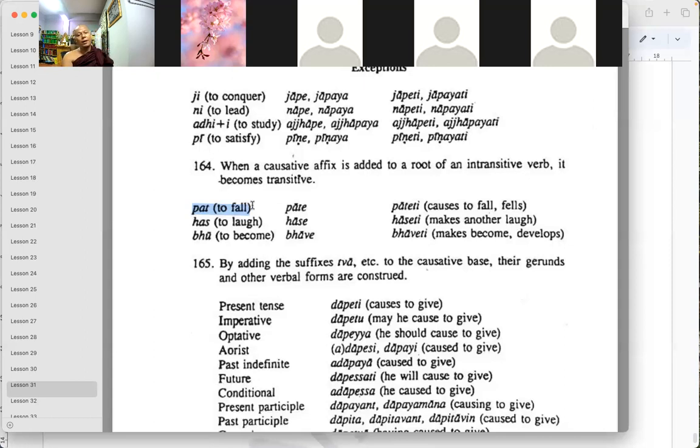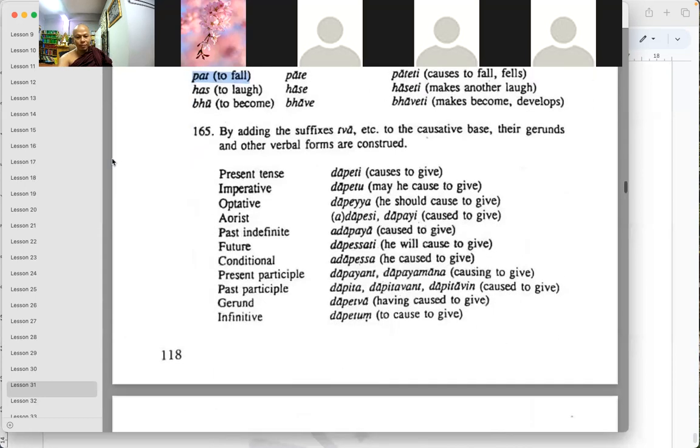And Hasad, he laughed. But Hasedi is a causative verb. Hasedi causative verb. So maybe Sahaya ko, or maybe Mada Bodhan Hasedi. So a mother makes her son laugh in this way also. Okay, so in this way.